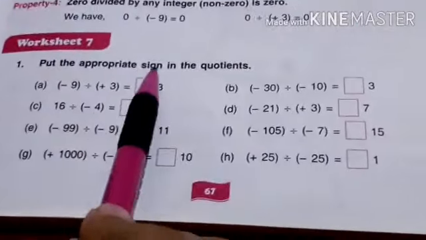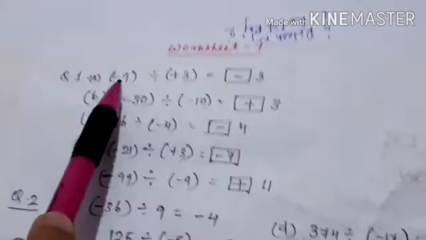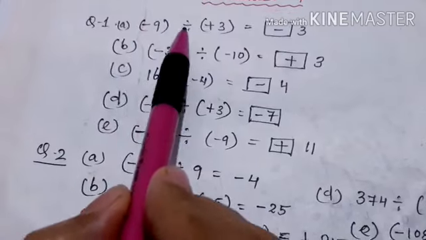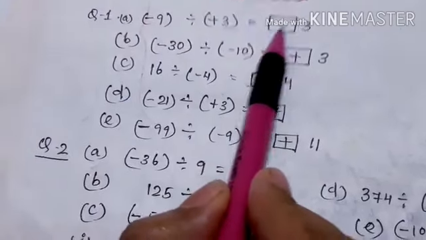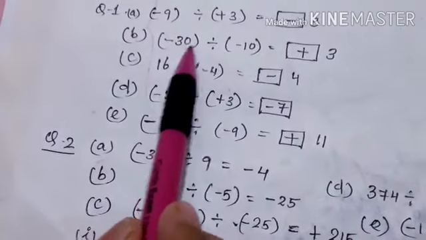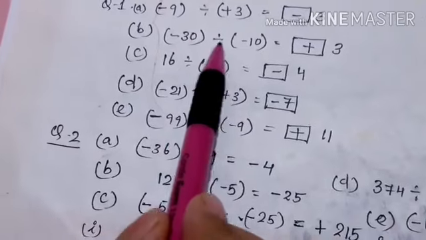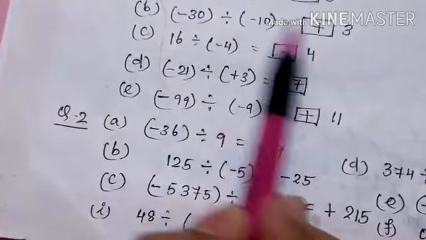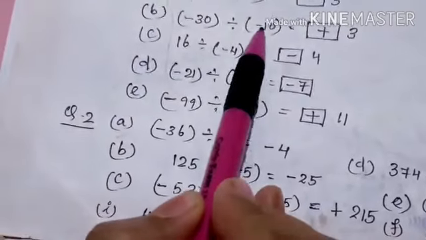Now, question number 1. Put the appropriate sign in the quotients. Minus 9 divided by plus 3. Already I have told, minus divided by plus is equal to minus sign. Minus 3. Then minus 30 divided by minus 10. Minus divided by minus is equal to plus. If you want, you can check also, quotient into divisor.